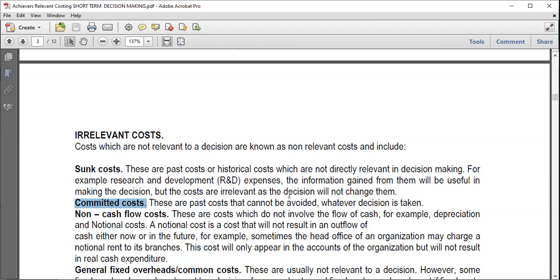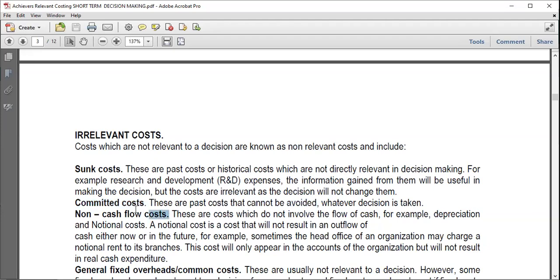Maybe you've found a better place. Now, because it is a committed cost, you will not have to consider it, because you already incurred it and the landlord will not pay you back that money. So it's a committed cost already. Right now, you cannot get this money back at any point in time. So it's very important for you to know that.